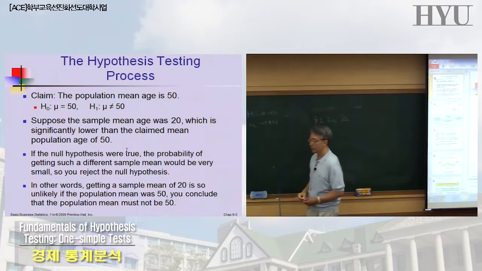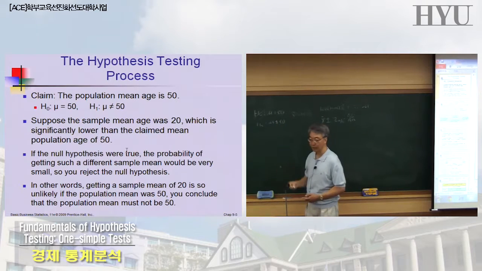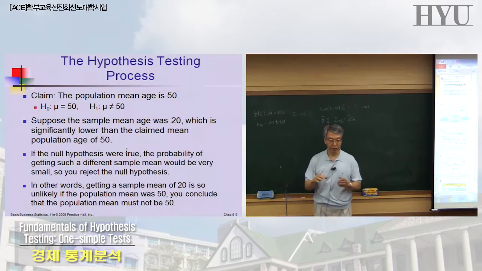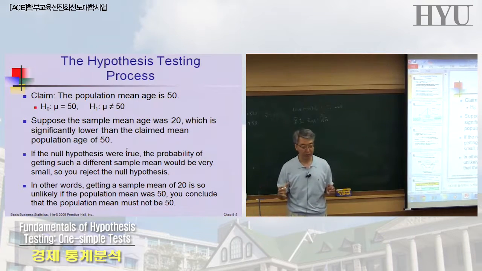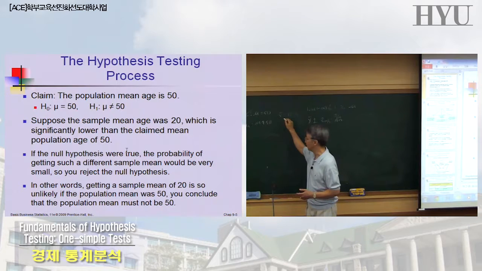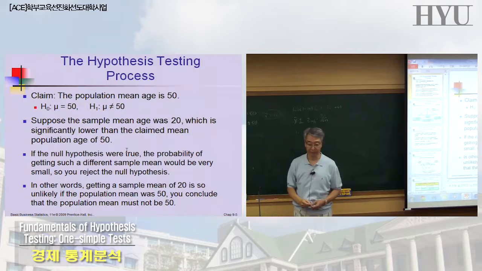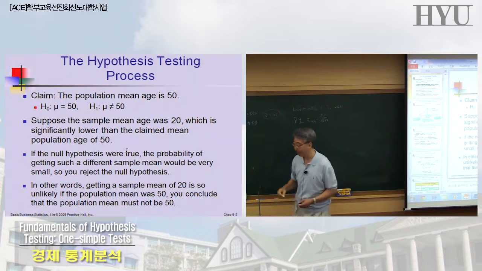Then we may not have enough evidence to reject the null hypothesis, because when the actual mean of the entire population is 50, depending on how you select a sample, you might very well get a sample mean of 45. Somehow you just selected a few more younger people than average, okay?